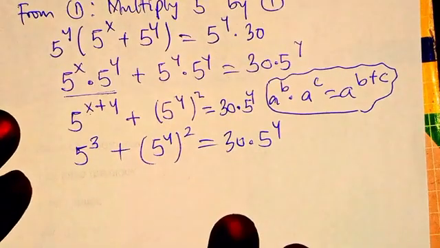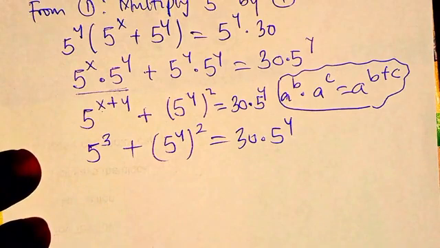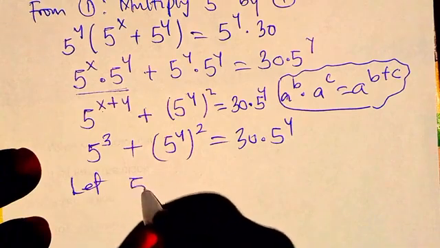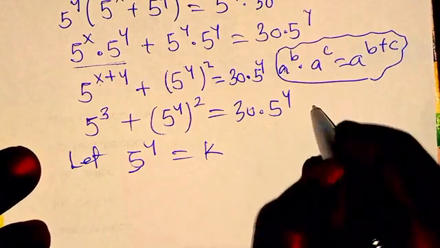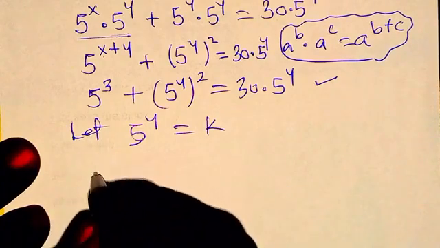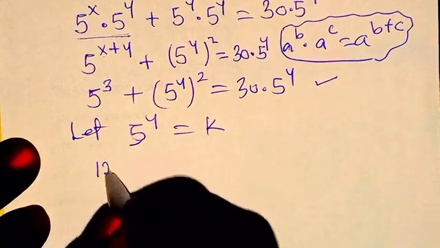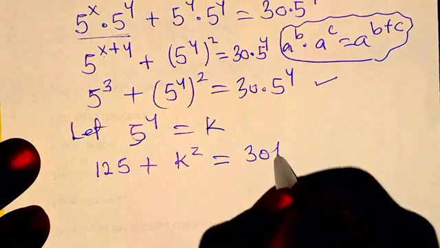Next, we replace 5 to the power y by a letter, let 5 to the power y be k. Anywhere we see 5 to the power y, we replace it by k. So this will be 125 plus k squared equals 30k.